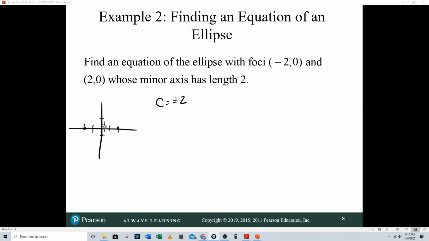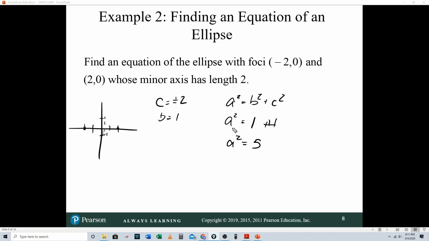The whole length is 2. So B is equal to 1. Right? So we are going to find A by doing A squared is equal to B squared plus C squared. A squared is 1 plus 4, so A squared is equal to 5.